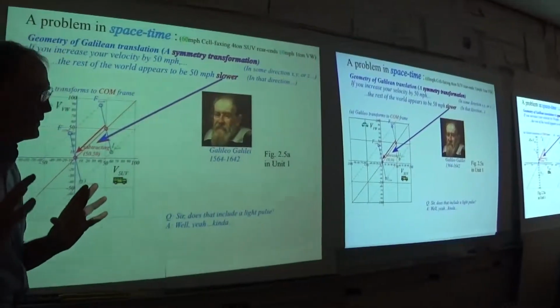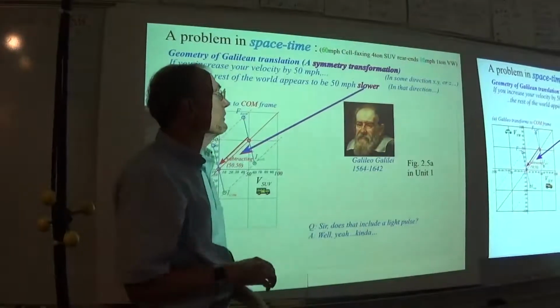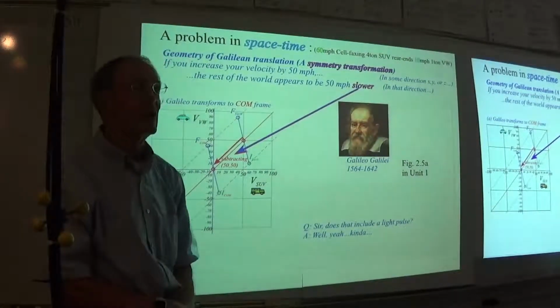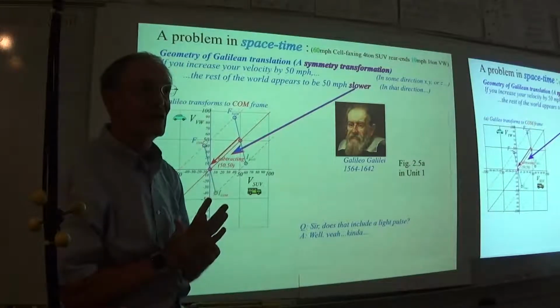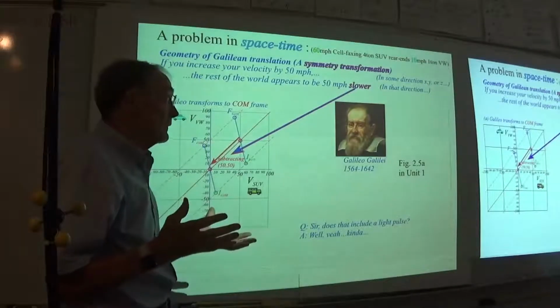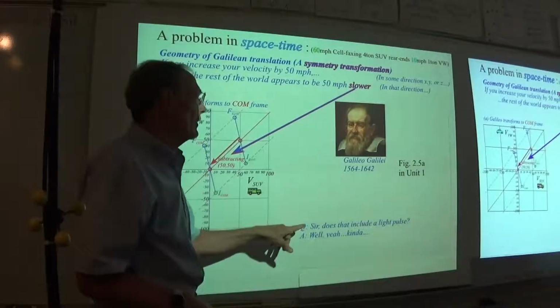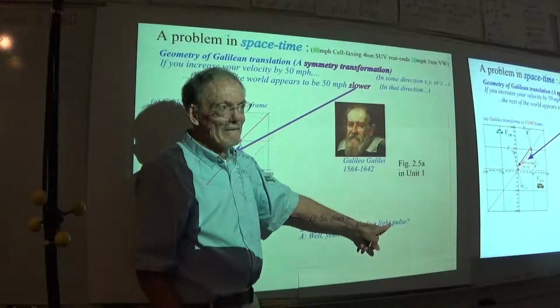That's an important idea. The rest of the world appears 50 miles an hour slower. Galileo thought this was an interesting way to state the relative velocity. Now, the smartass would say, sir, does that include a light wave or pulse?